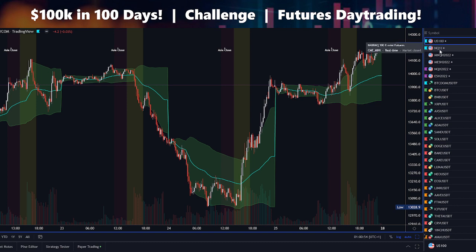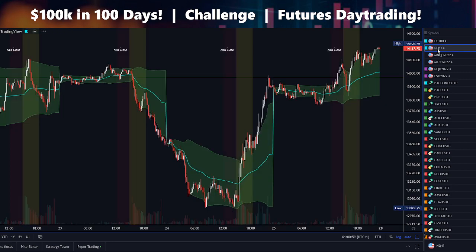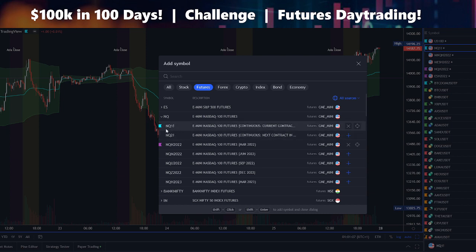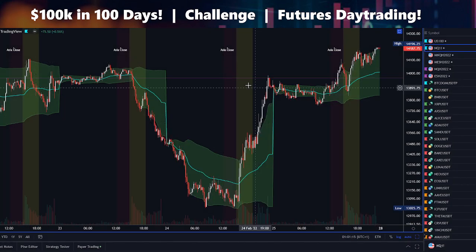So it just has a 1 and then an exclamation mark. If you do add symbol here for NQ, for example, this one, that's a 1 and an exclamation. That's a continuous chart. So it doesn't matter what month it is, it will always continue.